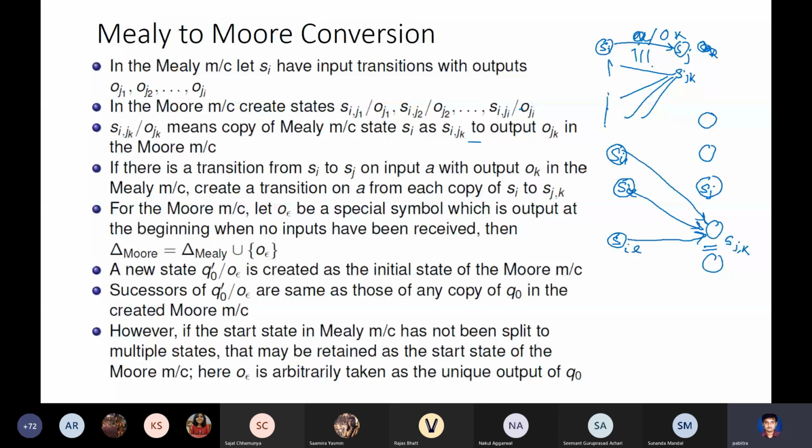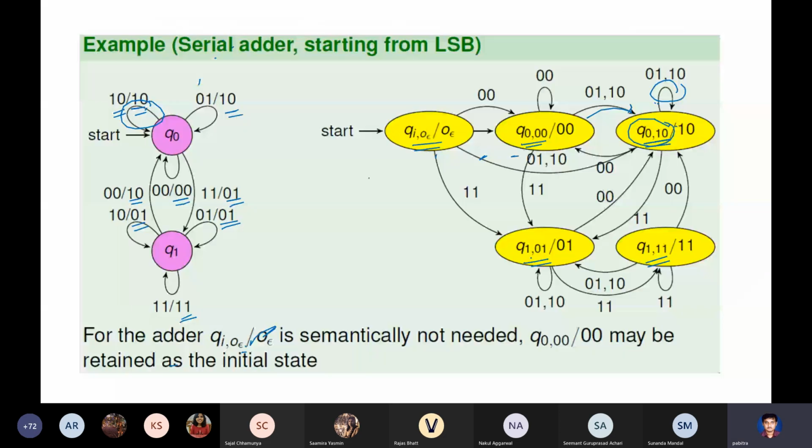As in here, your start state is Q naught. You split your Q naught based on your output into 2 copies. But you also create an additional, new state because of this kind of dummy output, O epsilon. So the outputs earlier were 0, 0 and 1, 0.